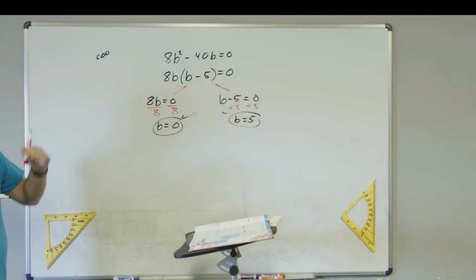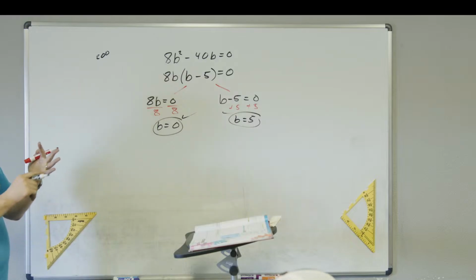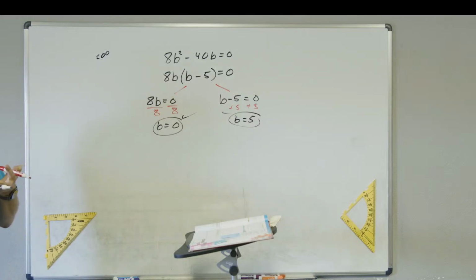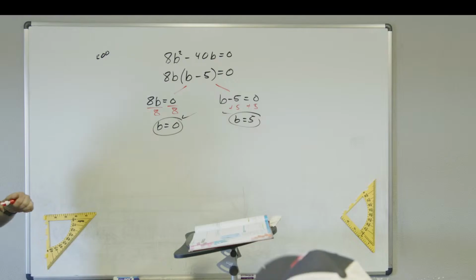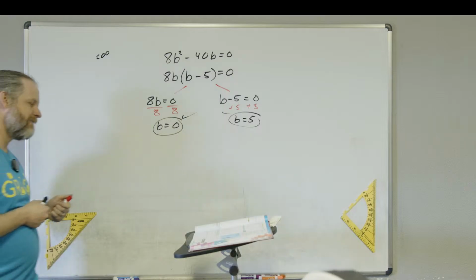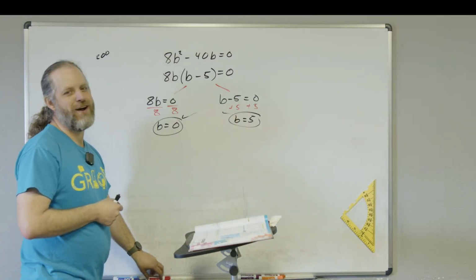So a quadratic can have either 2 answers, 1 answer, or 0 answers. This one has 2. And that'll always be true if you have a cubic function up there. It can have 3 answers, 2 answers, 1 answer, or 0 answers. No, it cannot have infinity. Well, it depends on how you're talking about things.